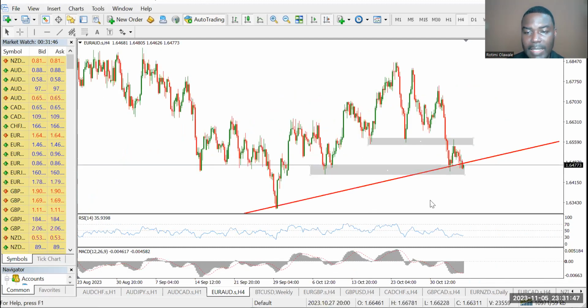Now, on the 4-hour time frame, we can see previously price broke out of a support zone to touch this trend line. And here we have another support zone right here. The interesting part is that at the previous support zone, price made a double bottom to break out, and it's looking like price is equally trying to make a double bottom right here to continue in the bullish direction.